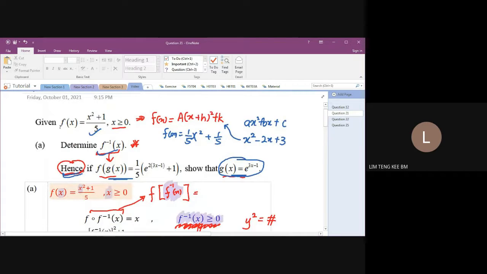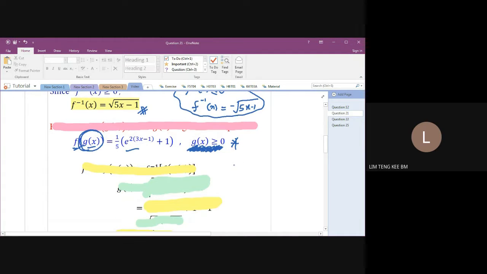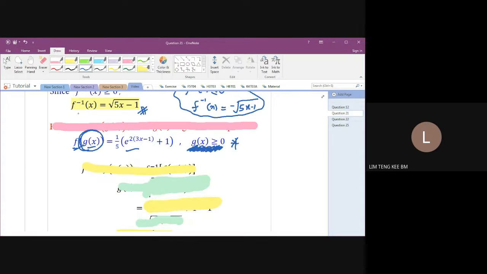If you have f(x), with x inside, the condition is x greater than or equal to 0. And now what I have is fg, with g inside, so the condition is g greater than or equal to 0. Again, this will be very helpful later in order to determine the answer. Okay, then go on. Let's see how we continue to solve this question.